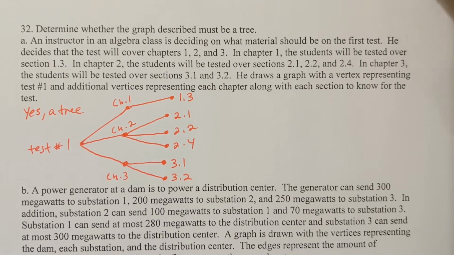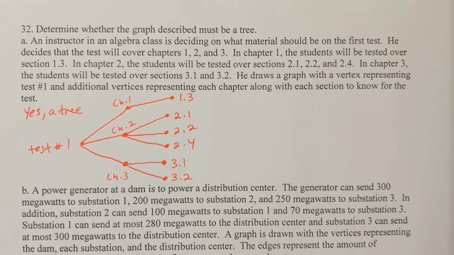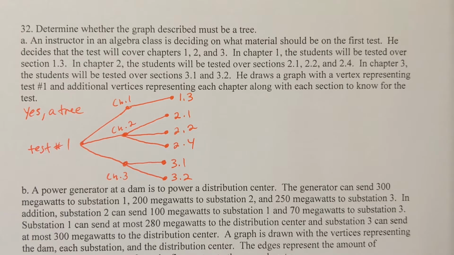Problem 32 says determine whether the graph described must be a tree. Part A, an instructor in an algebra class is deciding on what material should be on the first test. He decides that the test will cover chapters 1, 2, and 3. In chapter 1, the students will be tested over sections 1 and 3.